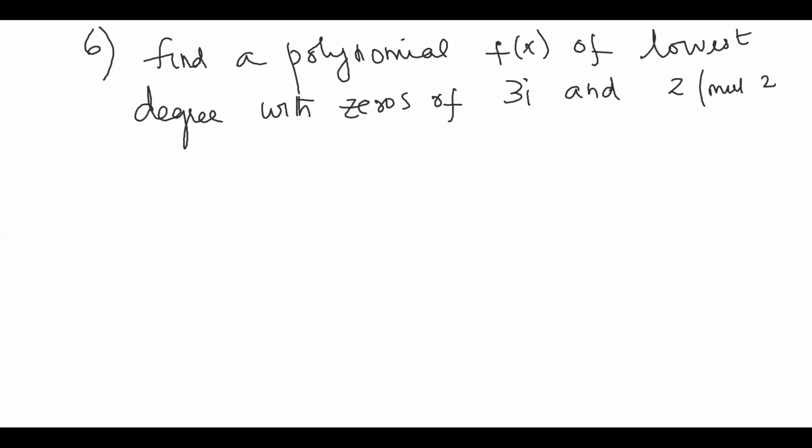Here the multiplicity is 2. So we know that if 3i is our zero, negative 3i is also our zero.